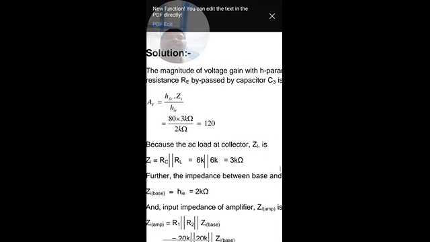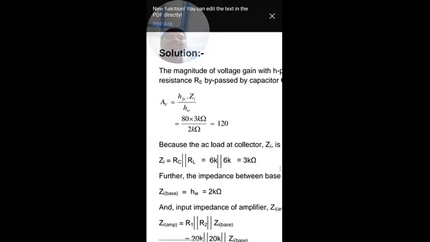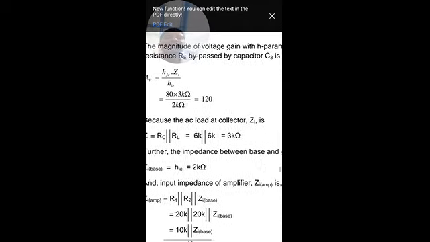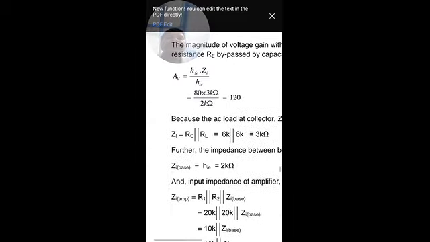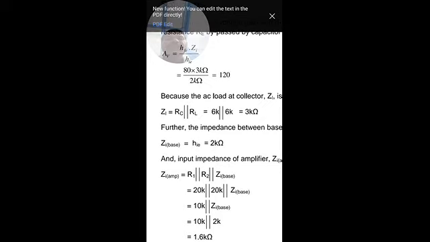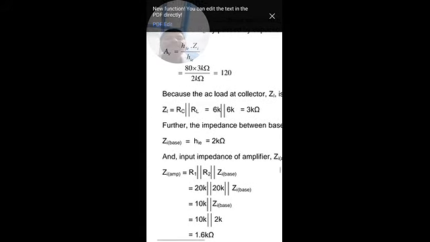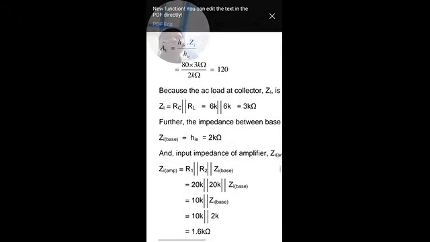Because the AC load at the collector is RC and RL, we have 3 kilo ohms. Further, the impedance between the base and the ground, HI, is 2 kilo ohms. The input impedance of the amplifier is the parallel combination of RB and the input impedance of the transistor. Input impedance of the transistor is 2 kilo ohms.